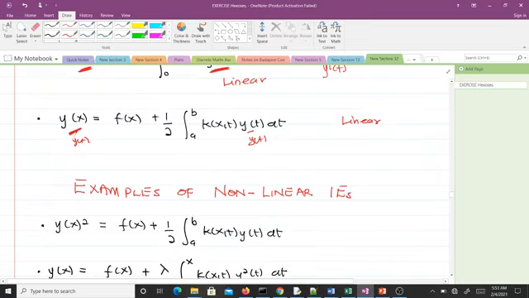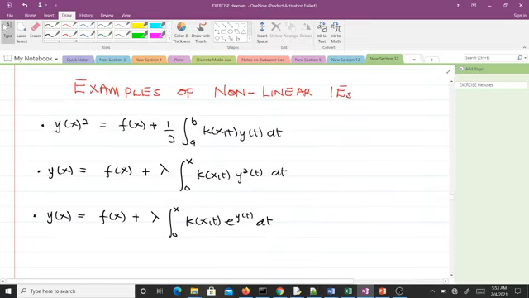Now let's take examples of nonlinear integral equations. You can see that here we have y of t of the power 1, but our y of x here is squared, okay? So this power 2 here, that's what makes this nonlinear. Here too, we have y of x and we have squared here. So this squared is what makes this integral equation nonlinear.